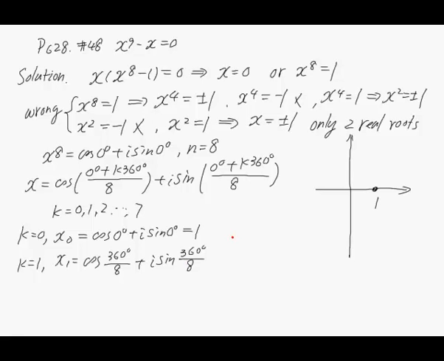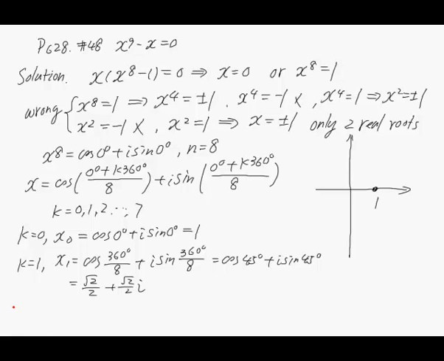And 360 degrees divided by 8, you get 45 degrees. So this is equal to cosine of 45 degrees plus i times sine of 45 degrees, which is just equal to square root of 2 over 2 plus square root of 2 over 2 times i. So this is the second eighth root of this number 1.